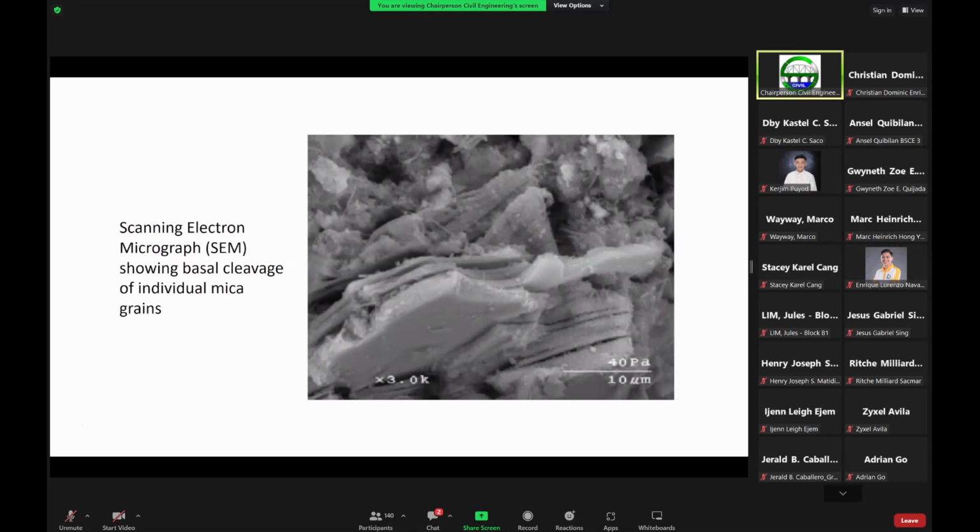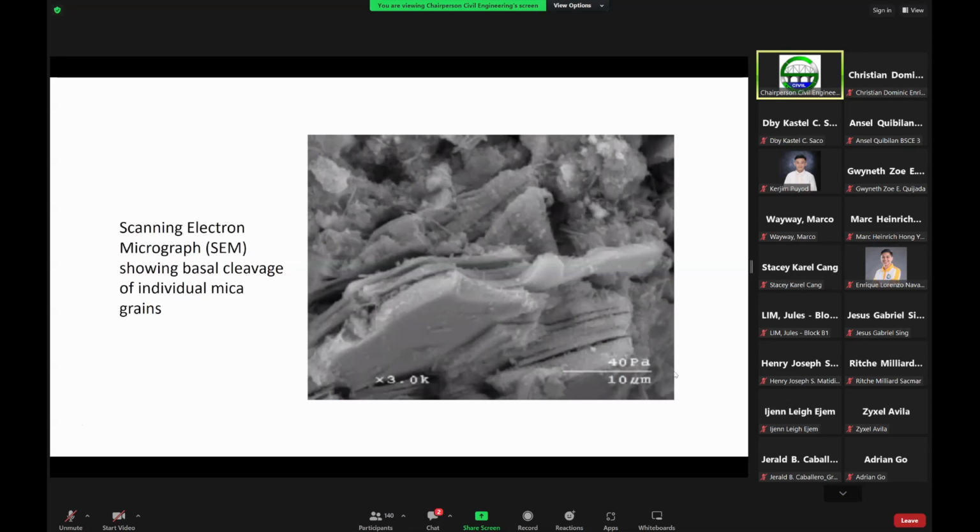Here we have what we call a scanning electron micrograph, or SEM, showing the basal cleavage of individual mica grains. This is about 10 micrometers.